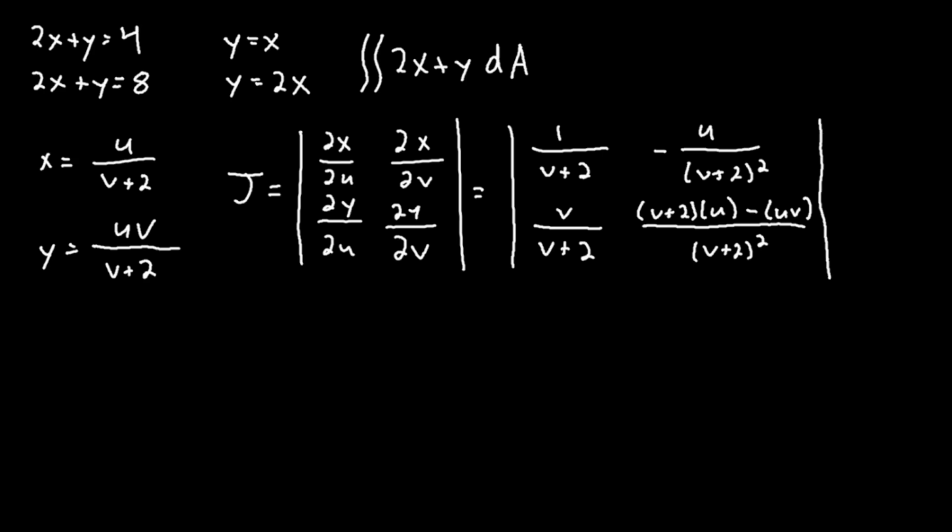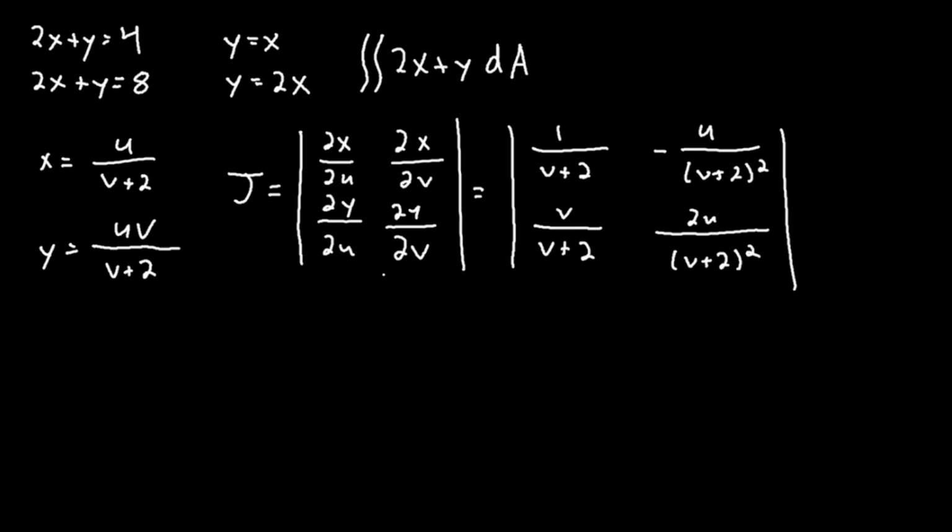In order to solve for the Jacobian, or our transformation factor, we've got to find the determinant of this. First, let's simplify this because it looks like an absolute monstrosity right now. You can simplify it with some algebra into 2u over v plus 2 squared for the last entry. Okay, now let's solve for the determinant.